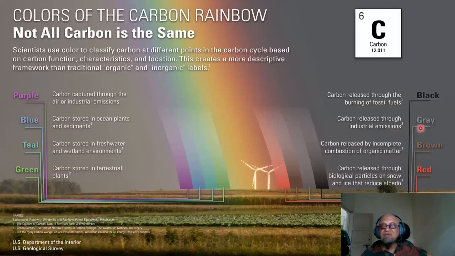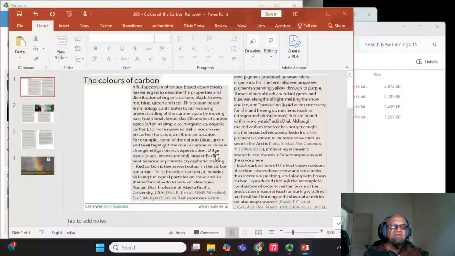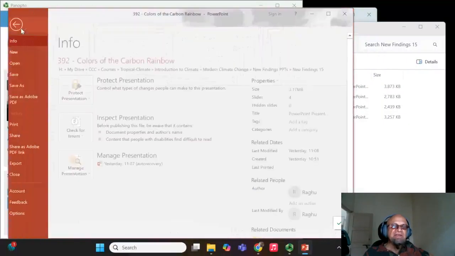Carbon released through industrial emissions is gray, and black of course is the carbon released through the burning of fossil fuels. So we don't see much gray and black or even brown in rainbow colors, but anytime you have a spectrum of light, you can call it a rainbow, right? So just a brief introduction, and it's an interesting topic.